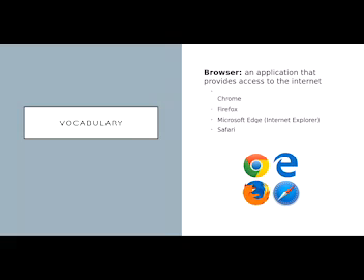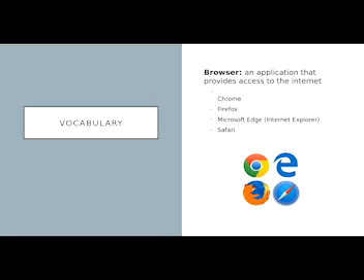A browser. A browser is a type of application, and what it does is it provides access to the internet. We have a bunch of different kinds of browsers: Chrome, Internet Explorer, or Microsoft Edge, as it was recently renamed, Firefox, and Safari. Now, these all do the same thing. They are just made by different companies.